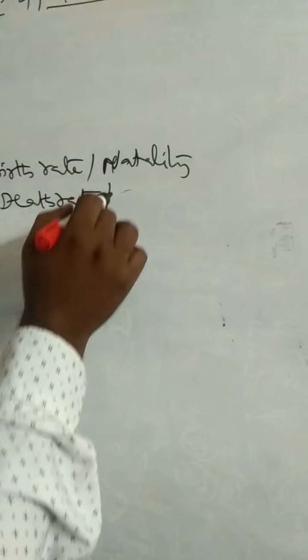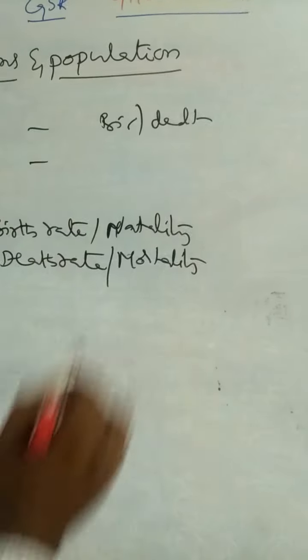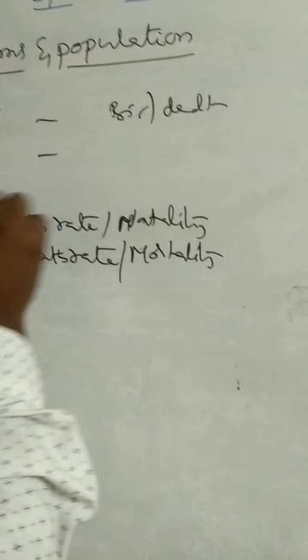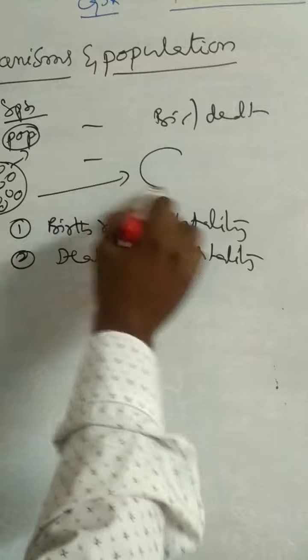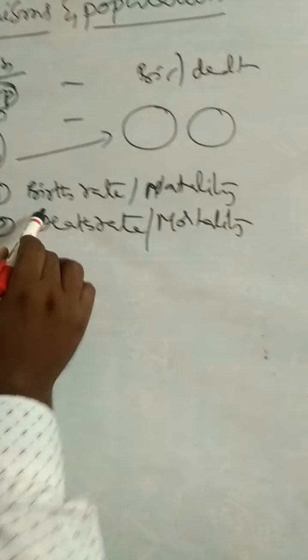Birth rate or natality, death rate or mortality. In general, in an individual, it is birth or death. In the case of a population, it is birth rate and death rate.